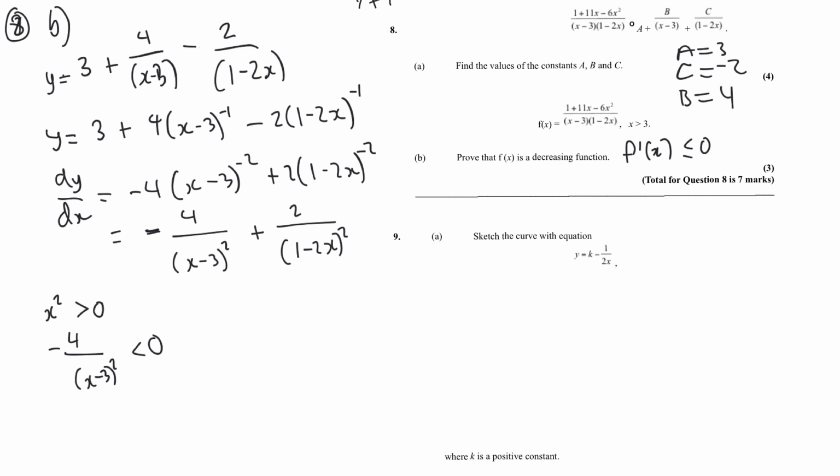So because we have this function, which is less than 0, and even though you've got the plus 2 over 1 minus 2x squared, because of the minus 4 over x minus 3 squared, we can say that therefore f of x would be a decreasing function. Yeah, so something along those lines. So yeah, I'll just leave that there.